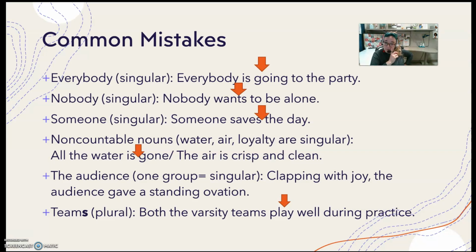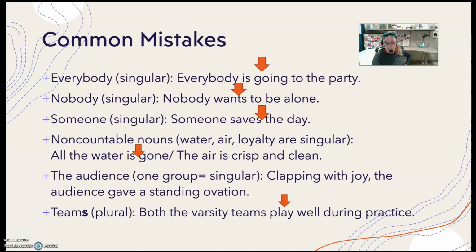And then similarly, words like audience or team, if you have one group, that subject is singular. Like the audience gave a standing ovation instead of the audience gaves. Teams is plural because you have more than one team. All right.